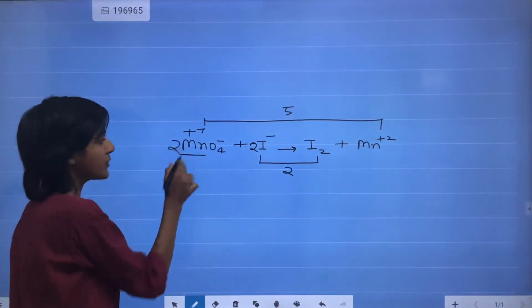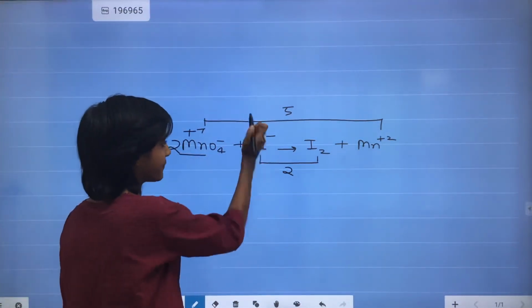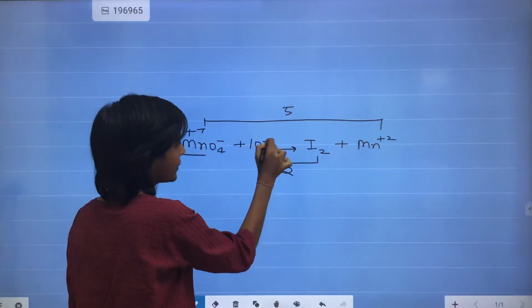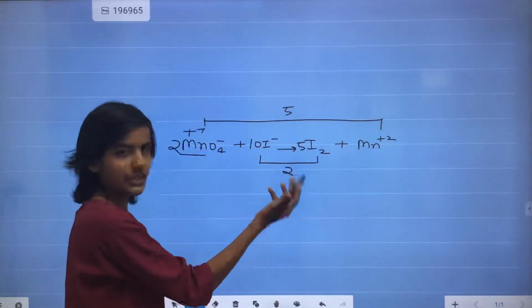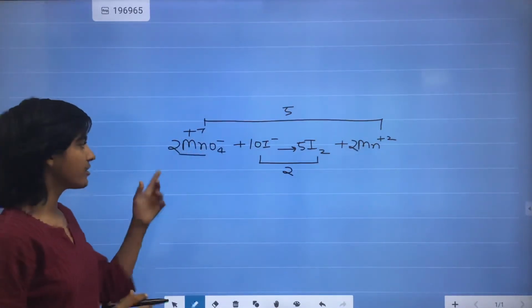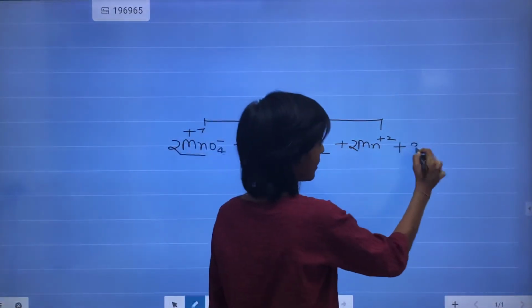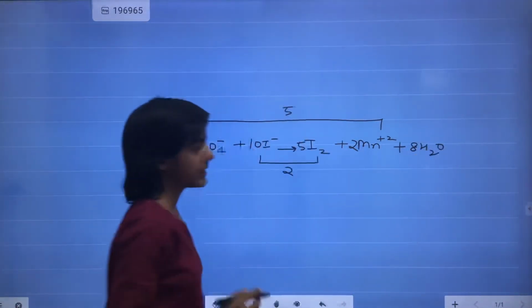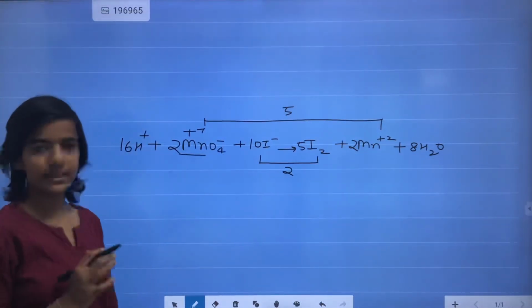Means 2 moles of MnO4 minus oxidizes 5 into 2, which is 10 moles of iodide in acidic medium, and 2 Mn plus 2. Then we talk about oxygen. Here the oxygen is 2 into 4, 8 H2O, and 8 into 2, which is 16 H plus. The reaction is balanced.